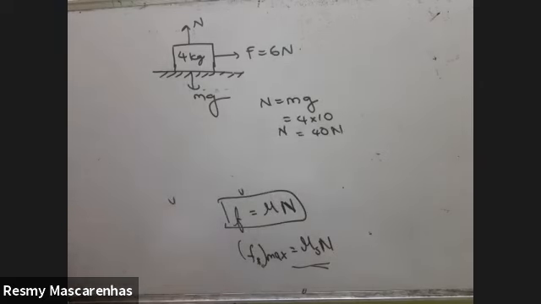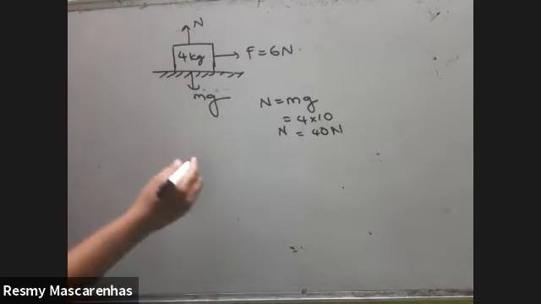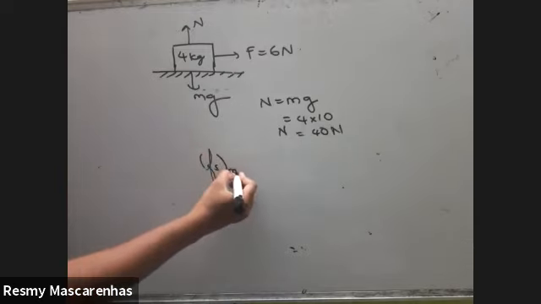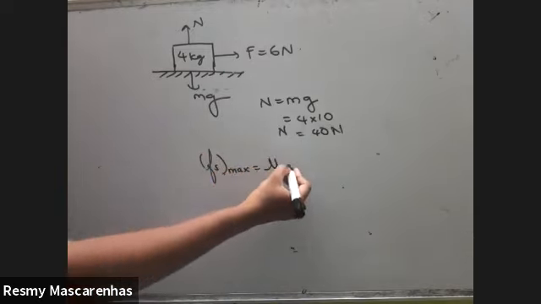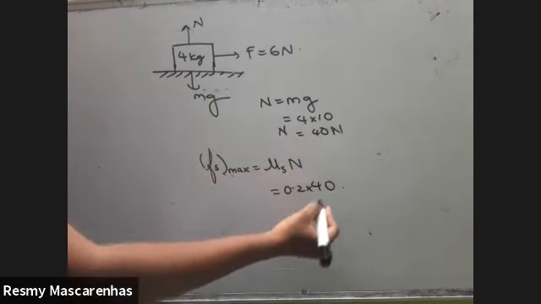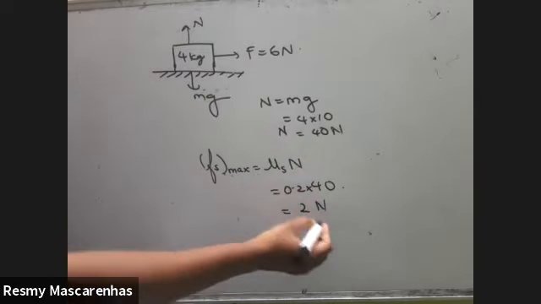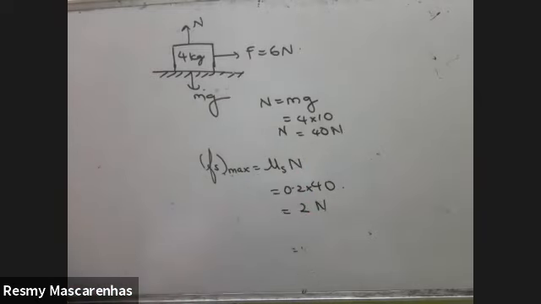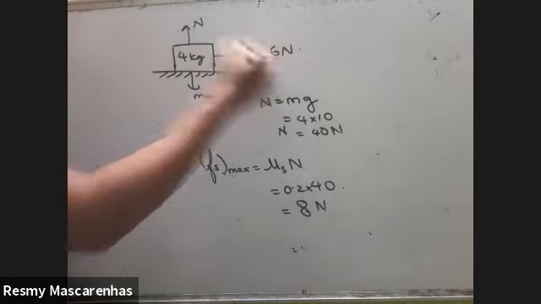Mu s is already given to you as 0.2. That would be 8. Now you got your max, and F means this is nothing but the applied force.